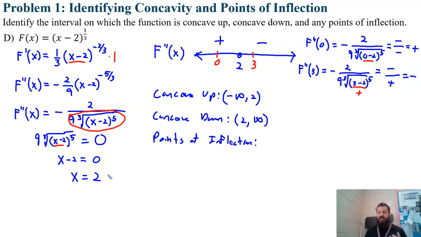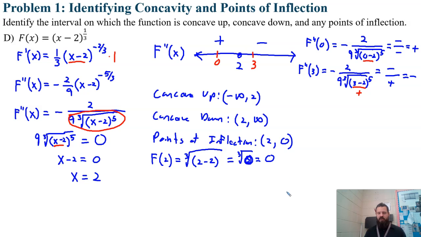So again, that's a potential point of inflection. It does work. It's going to have a value of 2 comma, and then we can look at the original f of 2 to find the y value. Going back up here, that's just going to be the third root of 2 minus 2, which is just the third root of 0, which is a 0. All right, so (2, 0) is going to be our point of inflection.